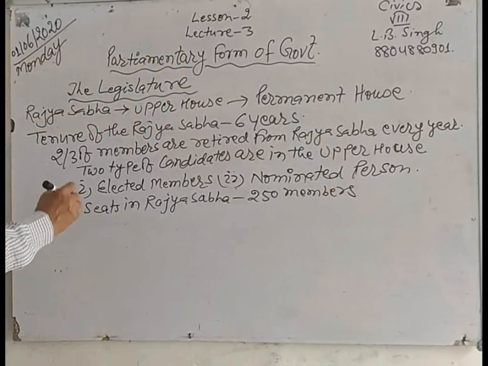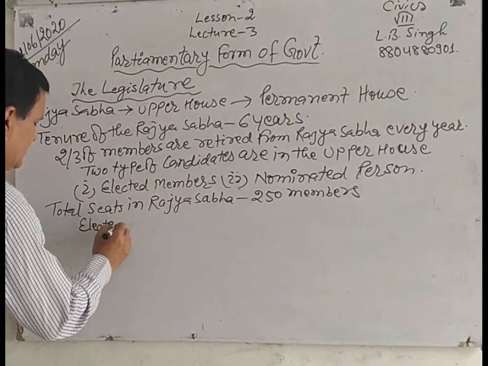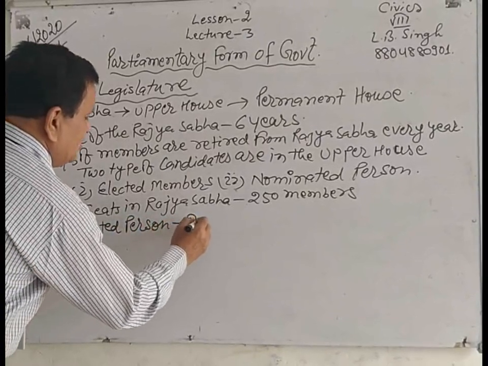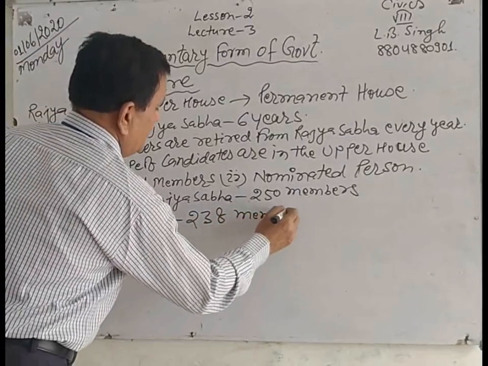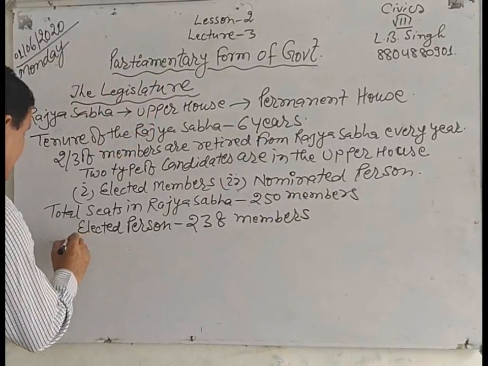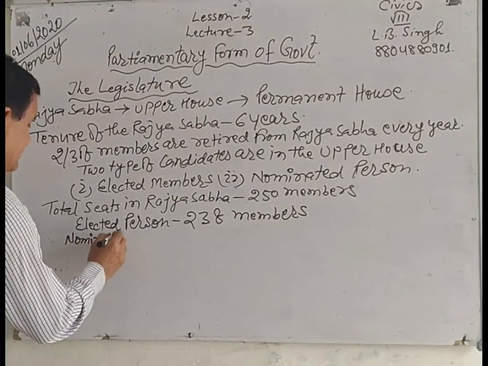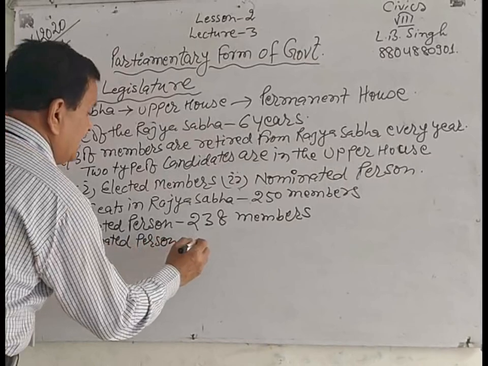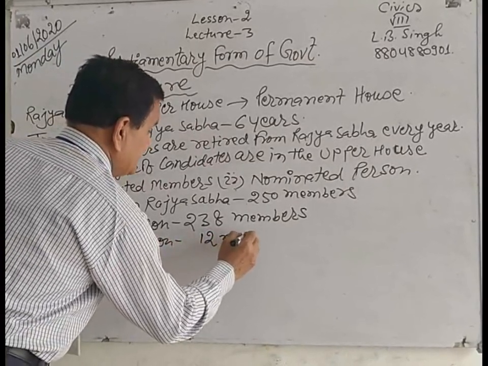Among them, elected persons are 238 members, and nominated persons are 12 members.